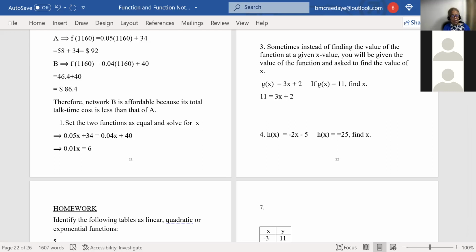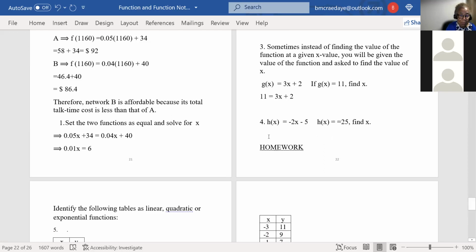Now you can solve that for X, right? And then the next one, of course, 25 equal minus 2X minus 5. So you're going to solve this equation for X, solve this equation for X.